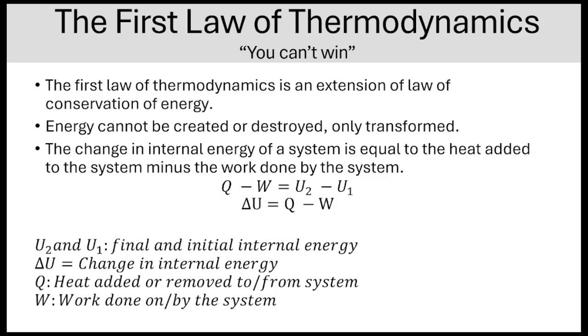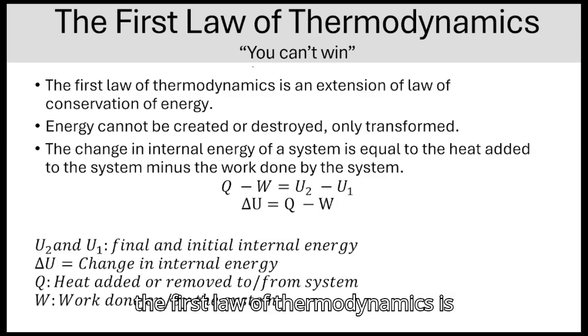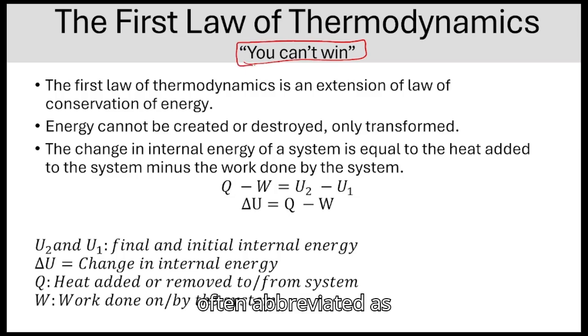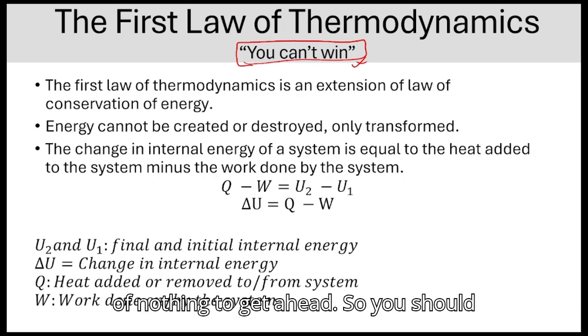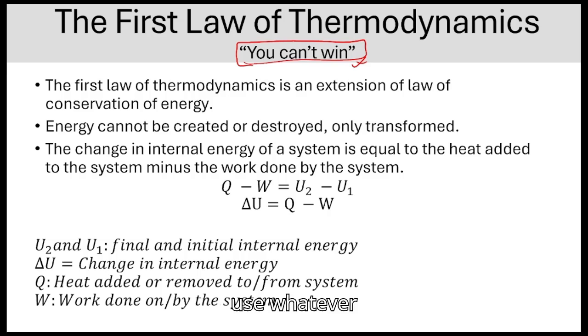That's why the first law of thermodynamics is often abbreviated as "you can't win." It is associated with this term, you can't win. Basically, it means that you cannot create energy out of nothing to get ahead. So you should use whatever energy is already there.